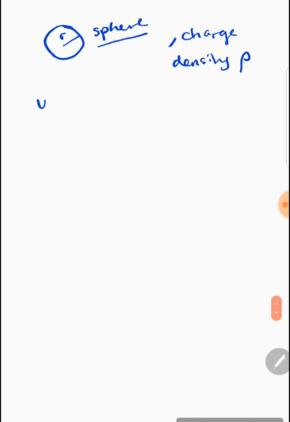And what they ask you is to use Gauss's law to find the electric field inside the sphere. So how is it different?